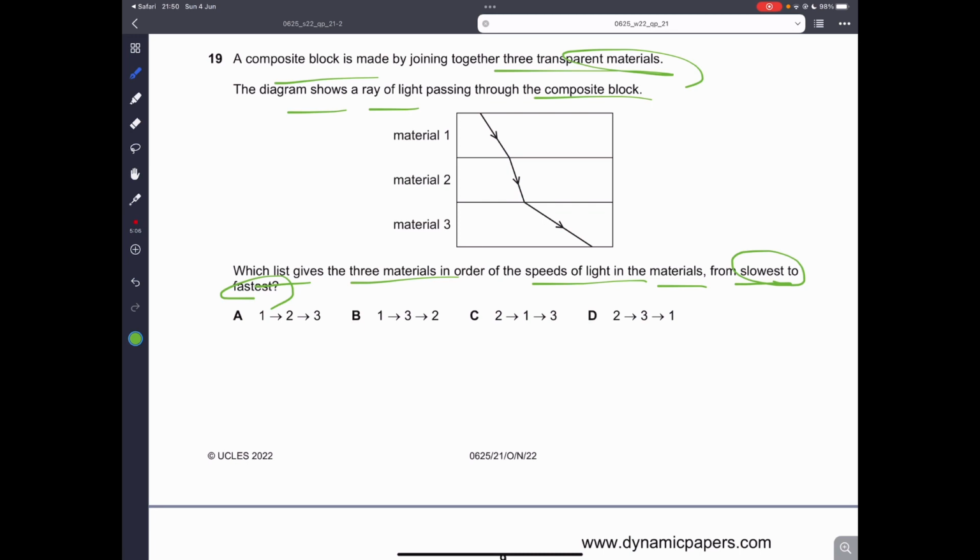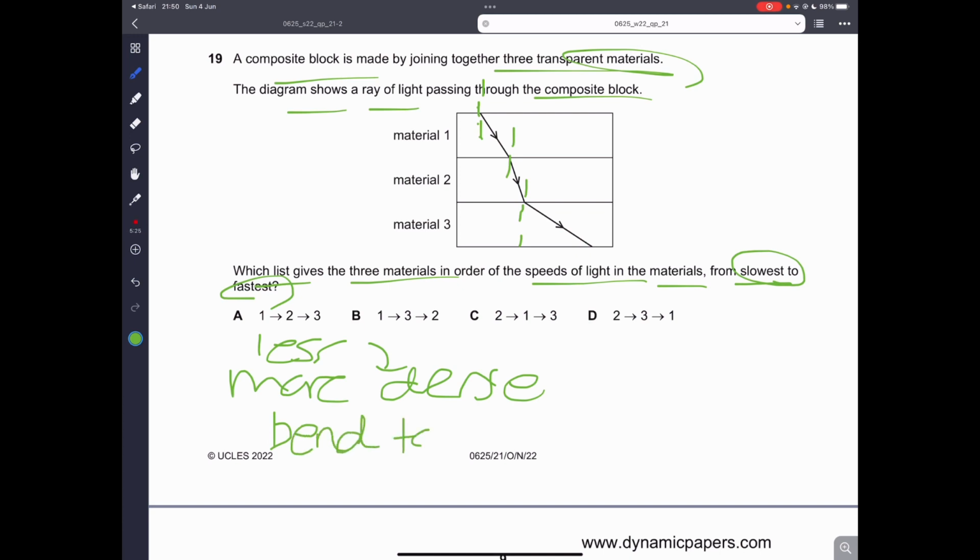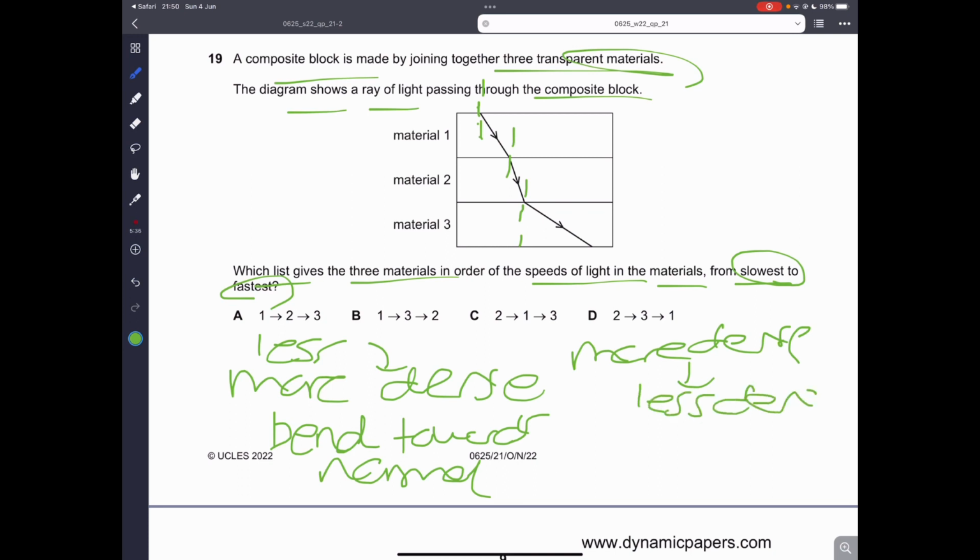So here I would like to draw an imaginary line for each material. And you can see that, remember, if it's from less dense to more dense, the light ray is going to bend towards the normal. If it's from more dense to less dense, the light ray is going to bend away from the normal, and therefore the speed also increases.